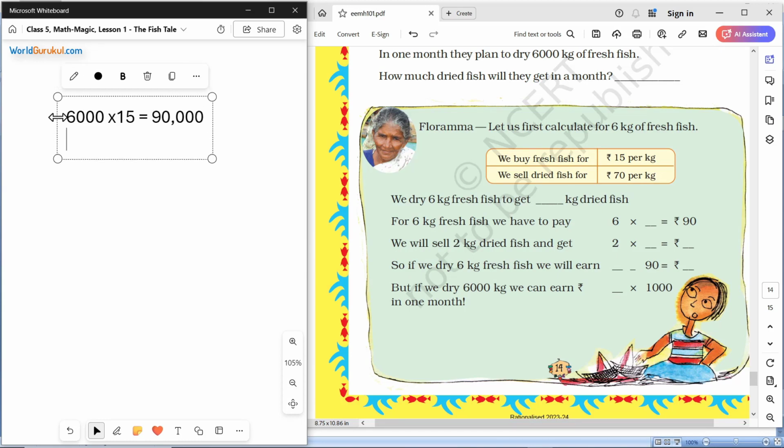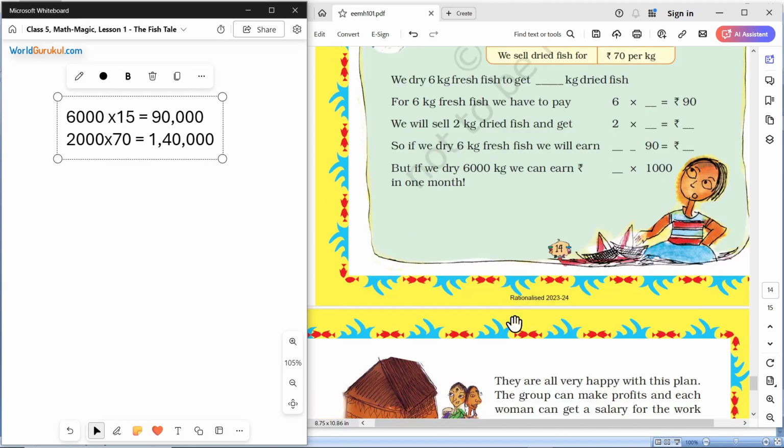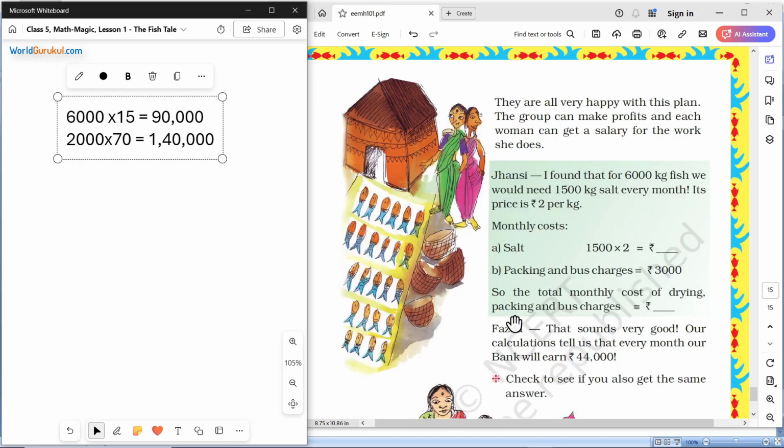And so you will get how much dry fish? 2000. That you are going to sell at 70. Right? This is going to give you 1,40,000. Right? There is a profit of 50,000, and you will deduct your processing charges, and then you will get your profit.